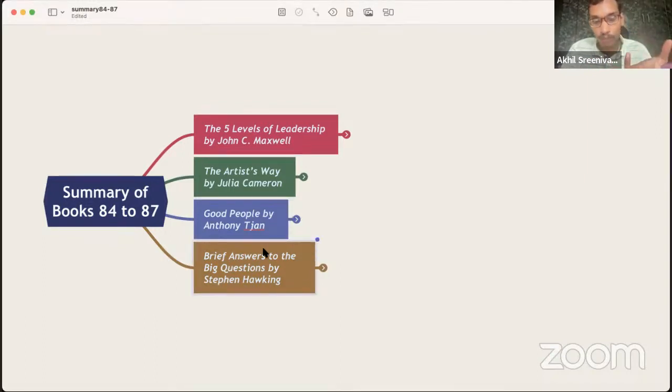And the fourth book summary that we have seen is Brief Answers to the Big Questions, written by Stephen Hawking, which gives fascinating answers to the challenges that we are facing: aliens, how they are sustaining, and what the proof of their existence is. The second thing is the controllable threats to our planet, whatever threats we are facing on our planet, they can be controlled with the help of our minute changes.